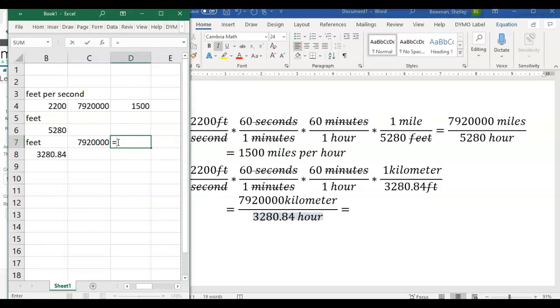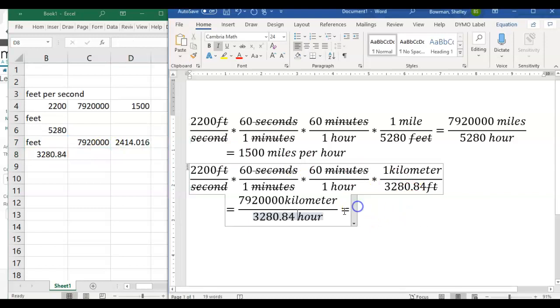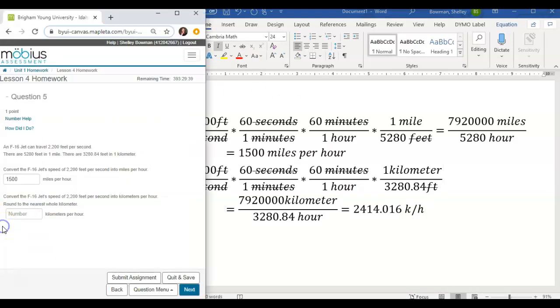So equals, I'm going to cell reference the 7,920,000, divide it by the 3,280.84, press enter, and that tells me that my answer is 2,414.016 kilometers per hour.